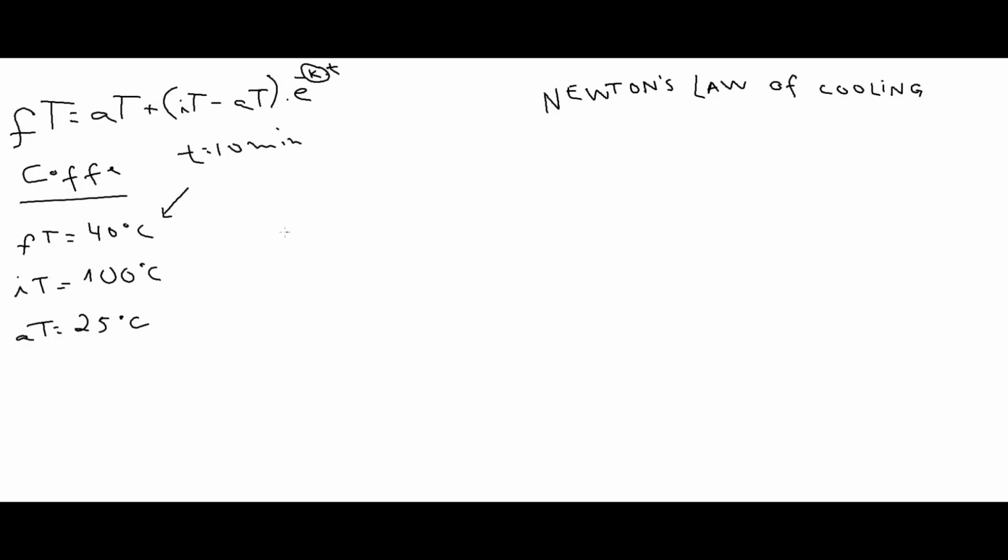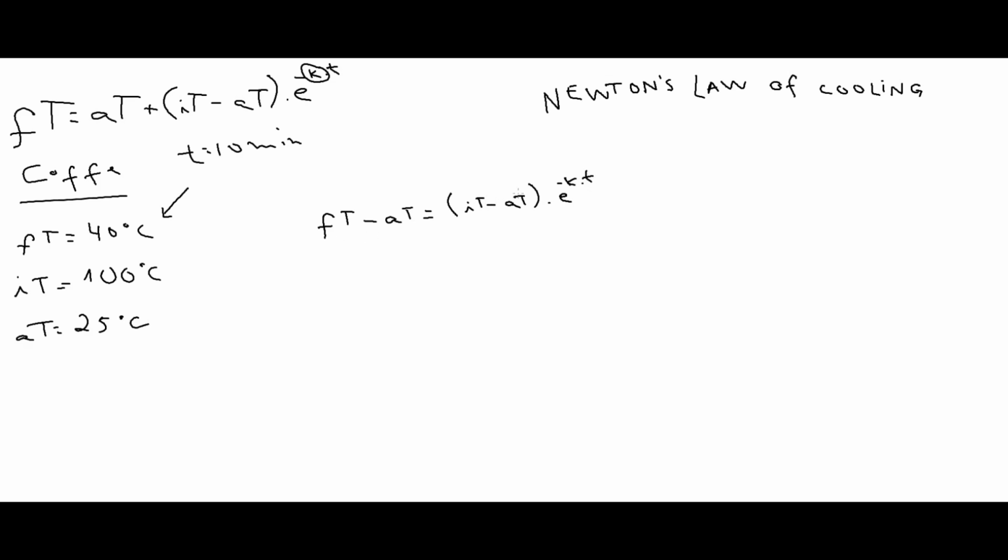So let's isolate the k. What we're going to do: the final temperature minus the ambient temperature is equal to the initial temperature minus the ambient temperature times Euler's number to the minus k times time.